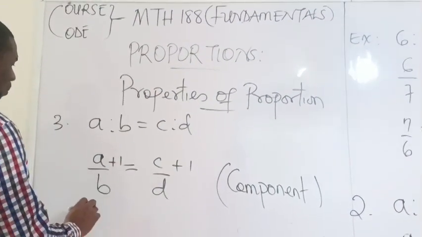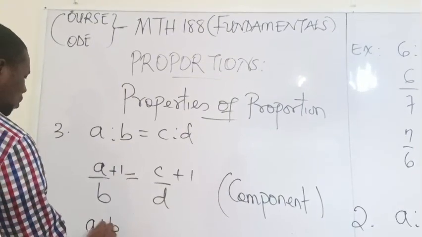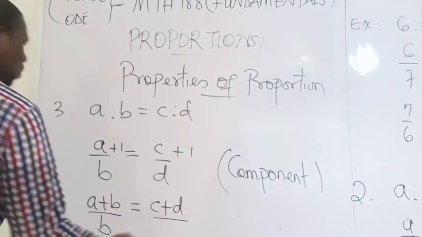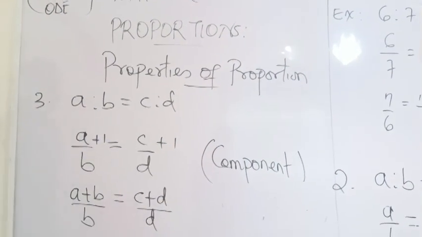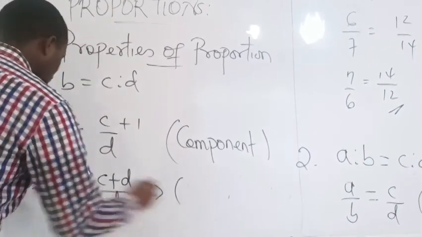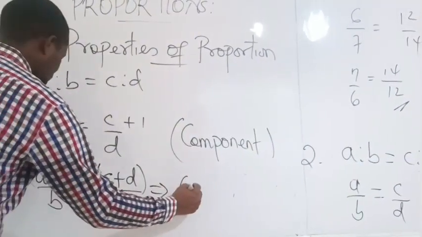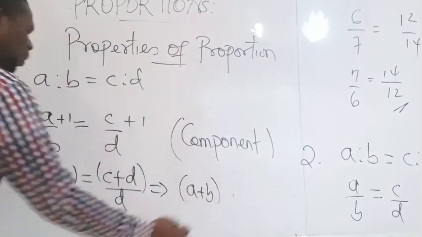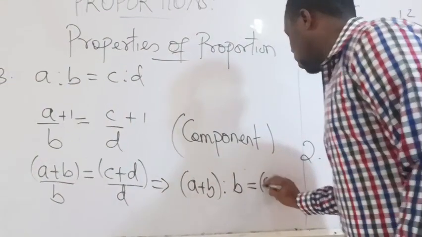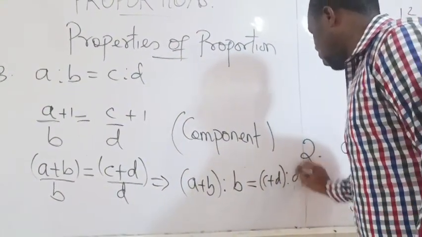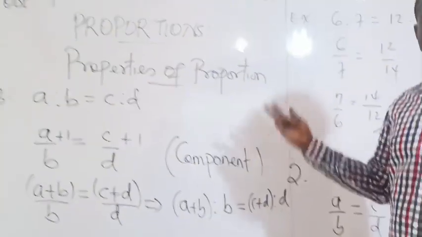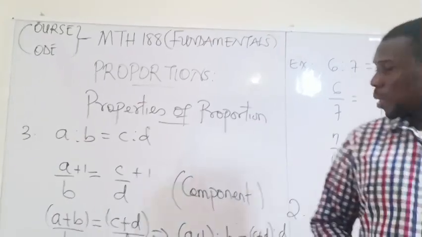So I'll get A plus B over B equal to C plus D over D. This translates to A plus B is to B as C plus D is to D. So this property is called component. I could take the component of a proportion.